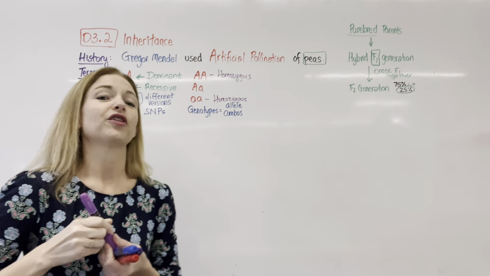Okay, the next thing we need to look at is phenotype. So then we would have like tall or short. So alleles cause your genotype, and genotypes lead to the phenotype.